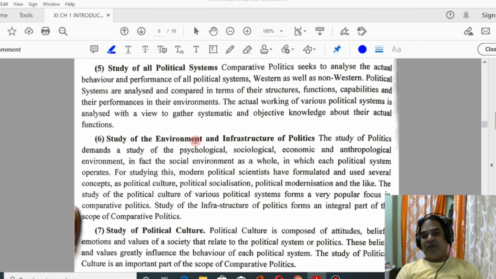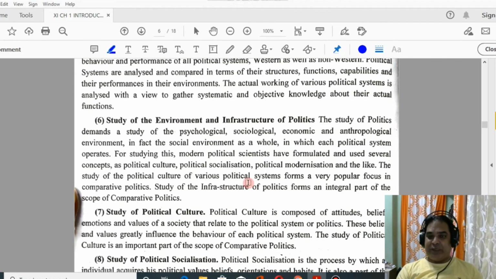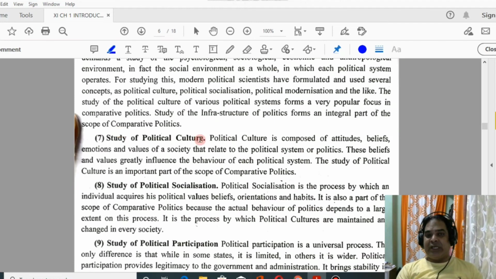The study of the environment and infrastructure of politics is also to be studied. Then the study of political culture. Political culture is composed of attitudes, beliefs, emotions, and the values of society.